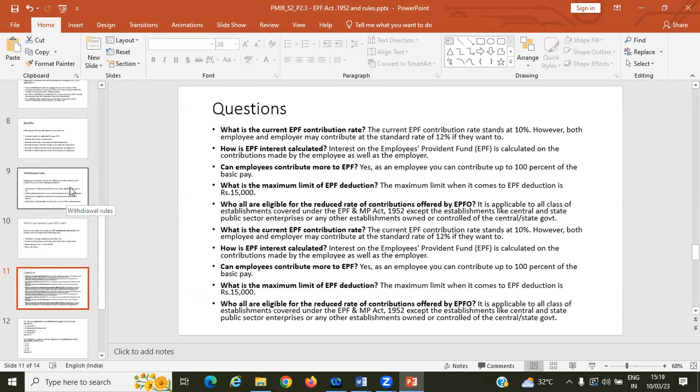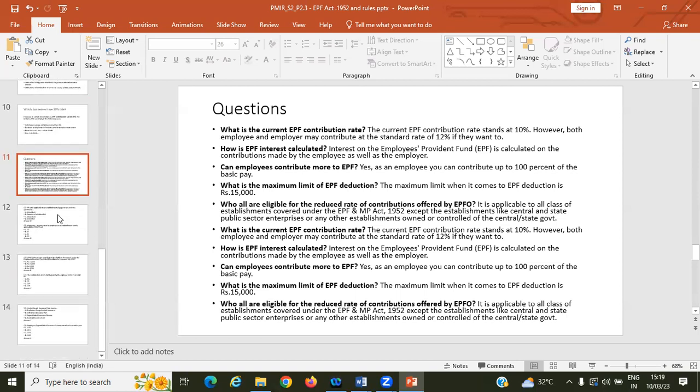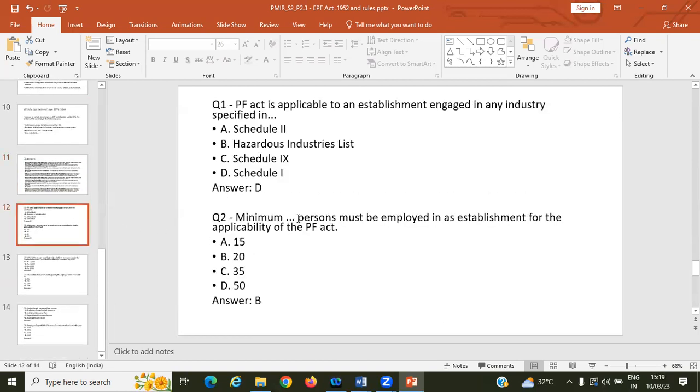There are some other MCQs which we studied before. So it is for your revision. Let's say this Act, the PF Act, is applicable to an establishment engaged in any industry specified in Schedule 1. The answer is D. We have studied that Schedule 1 talks about the applicability of this Act, where it is applicable.